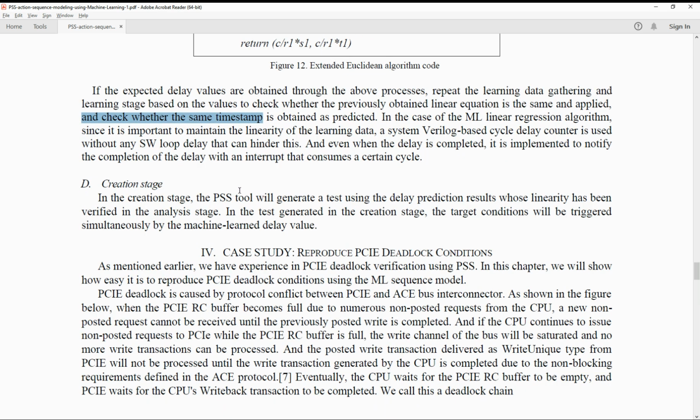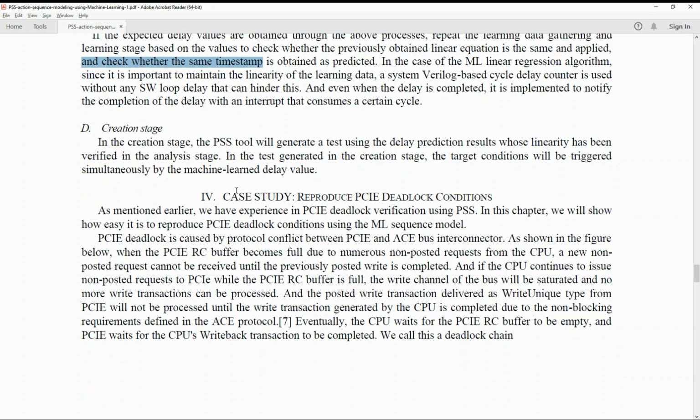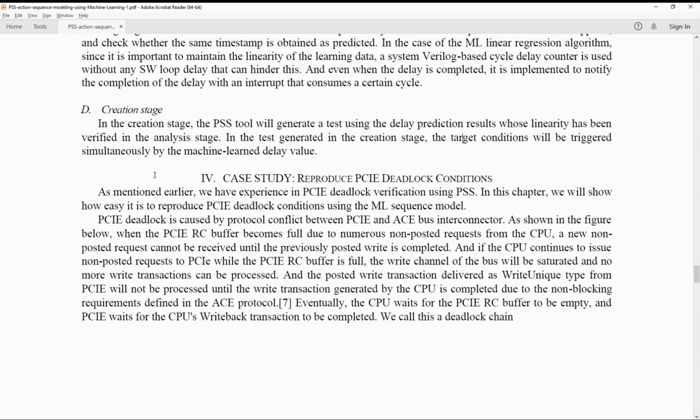The create stage. In the create stage, the PSS tool will generate a test using the delay prediction result whose linearity has been verified in the analysis stage. In the test generation creation stage, the target condition will be triggered simultaneously by the machine-learned delay value.